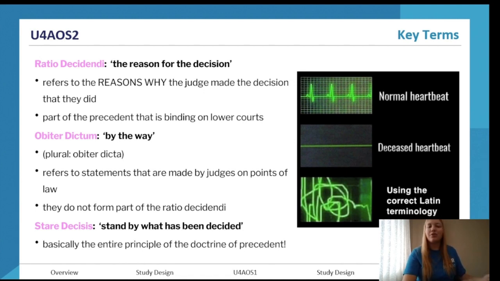Obiter dictum literally means by the way, and obiter dicta is the plural form. These are statements that are made by judges on points of law. So these are comments that judges will make with regards to a case. It might be saying something like, I am a lower court, but I really disagree with this ratio decidendi.